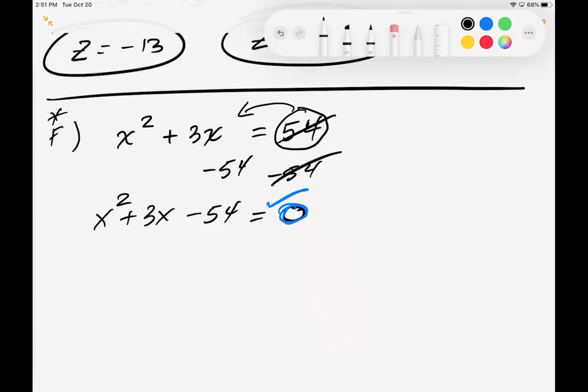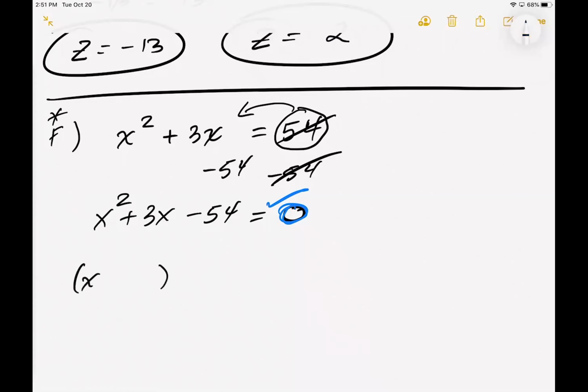And hopefully you say yes, there are two numbers that multiply to give you 54 and subtract to give you 3, which is 9 times 6 is 54, 9 minus 6 is 3. Which one is positive? A positive 9 and a negative 6.